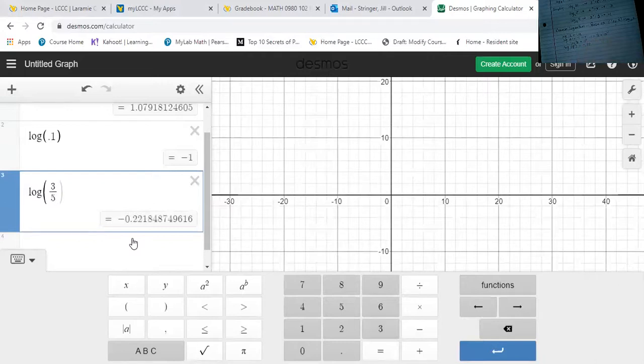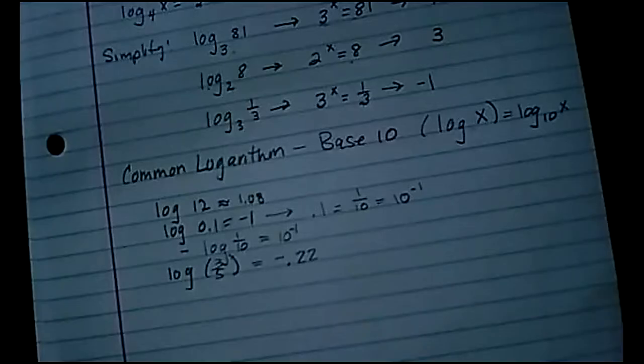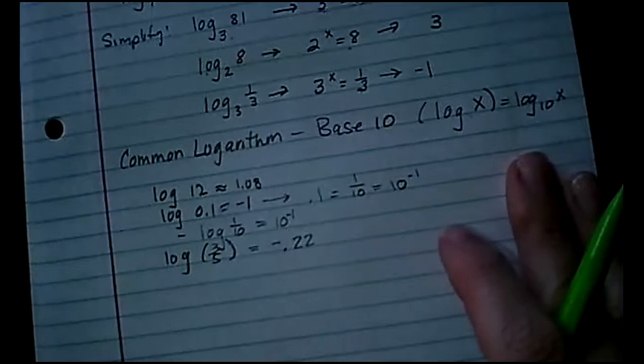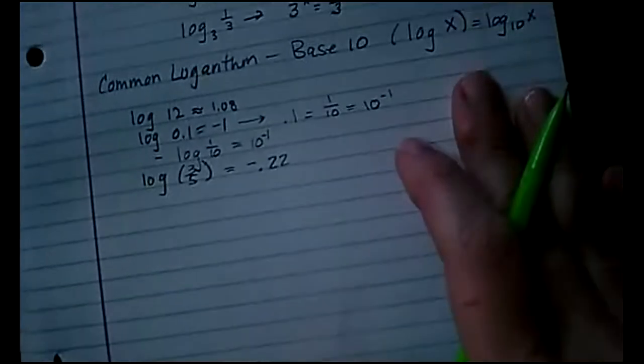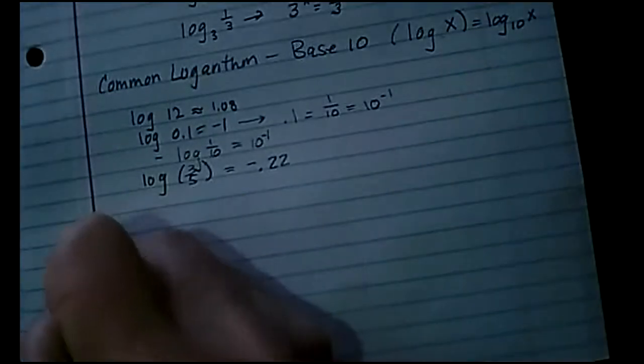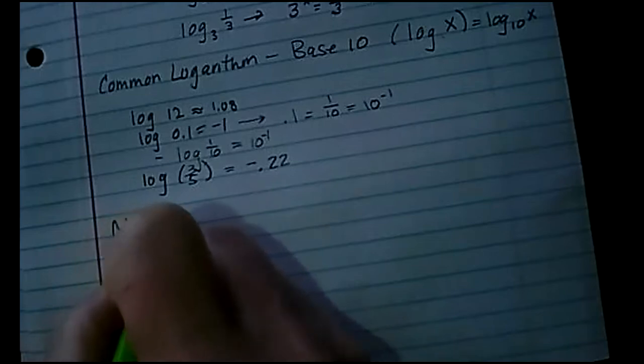All right. So now let's talk a little bit about a natural logarithm. So I'm going to take you back here to my notes. All right, so let me move my camera a little bit. All right, so we talked about the common logarithm. Okay, now there's also a natural logarithm.